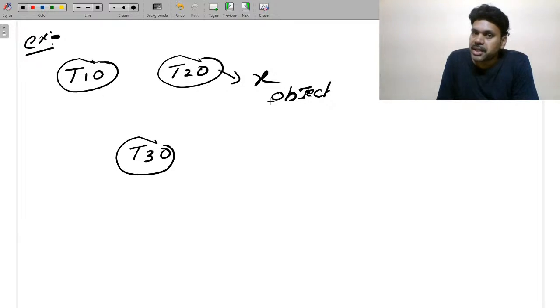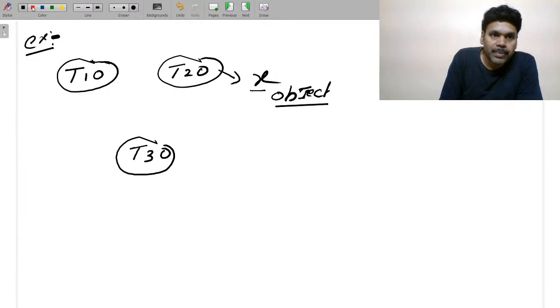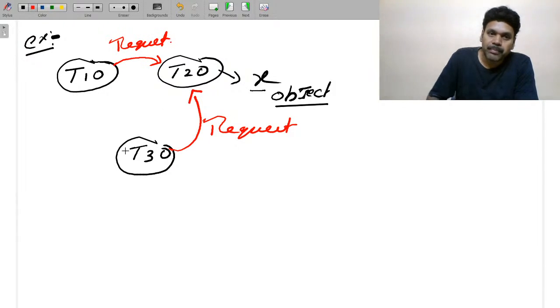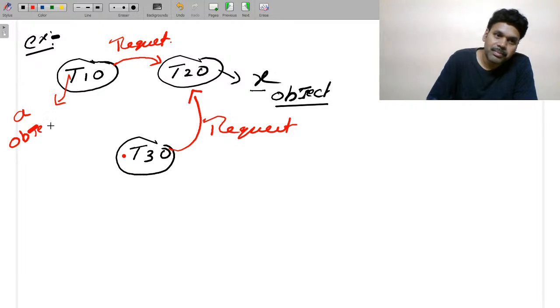Right now T20 has got object X. Okay. T10 has requested T20. T30 also requested T20. Okay. T30 requested for an object. So for example, there is object A here.